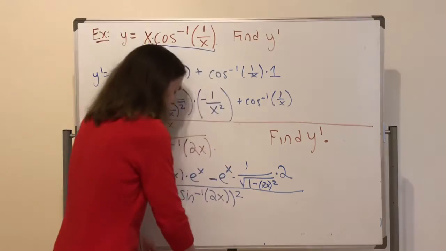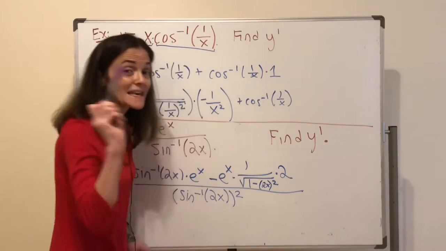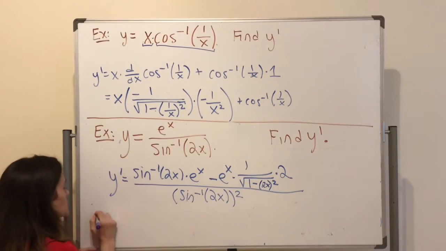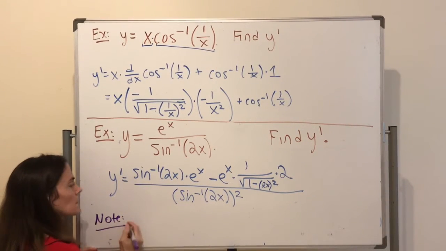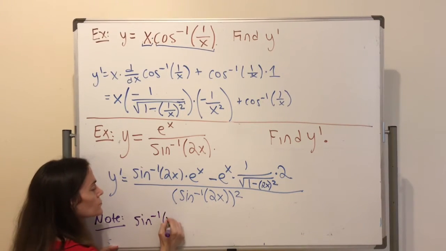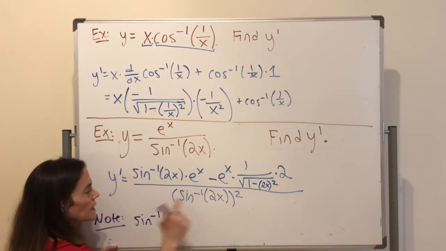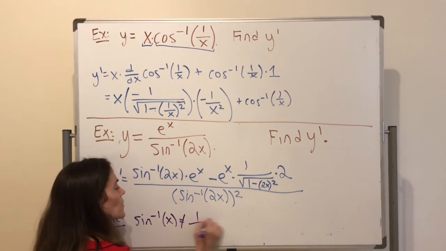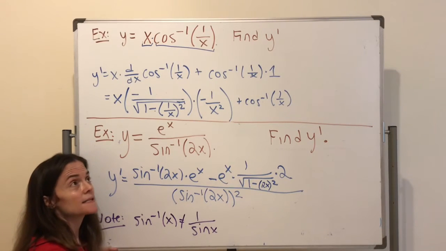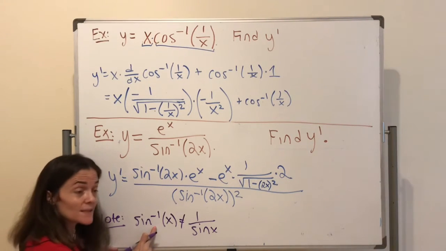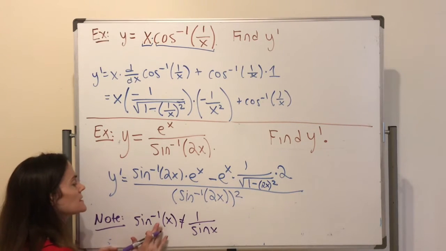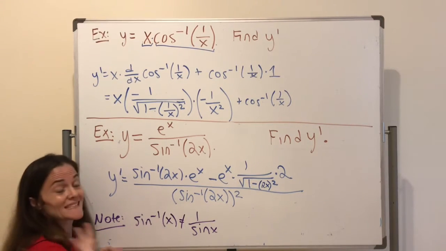Now I did this one on purpose so that I can make an important comment. So I'll write this as a note. The sine inverse of x is not equal to 1 over the sine of x. Without a doubt, it is not. I think this is why some people don't like this notation and why they like the arcsine notation better, because this minus 1 means inverse function.